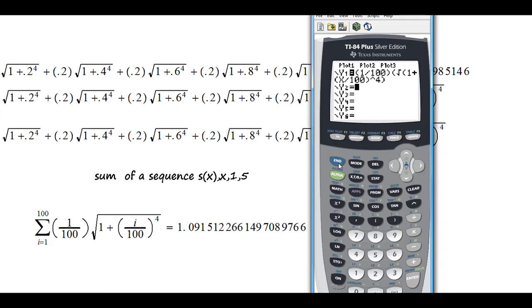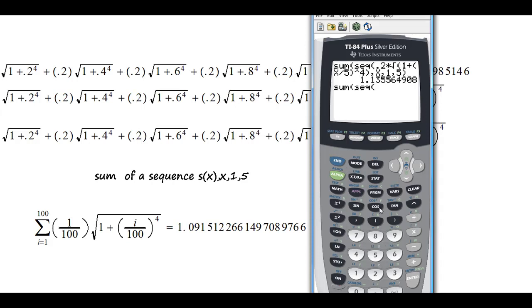First let's quit out of here, otherwise it'll overwrite things for us. Here we go to list, math, then we are going to go to sum.